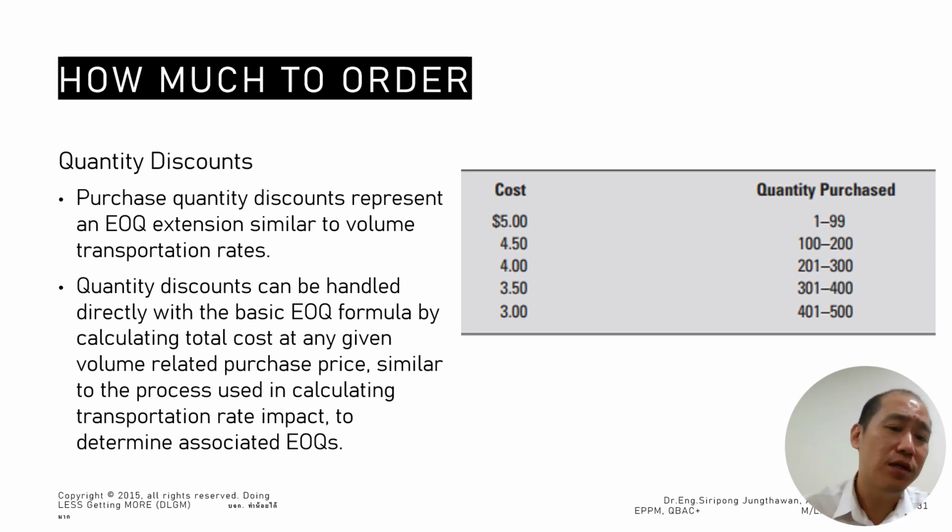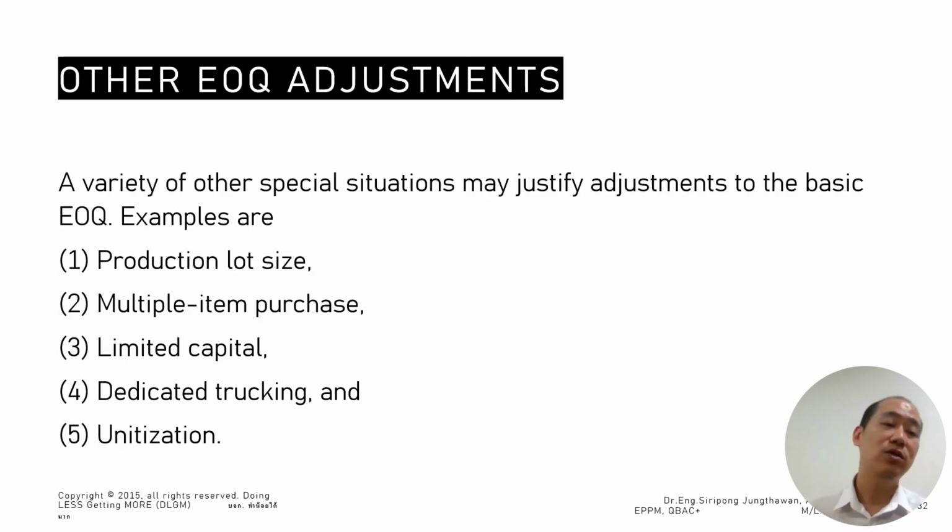So purchase quantity discount represents an EOQ extension similar to volume transportation rates, and you have to know about this. Quantity discount can be handled directly with the basic EOQ formulation by calculating total cost again, knowing your total cost and comparing it. And we also have other EOQ adjustments.